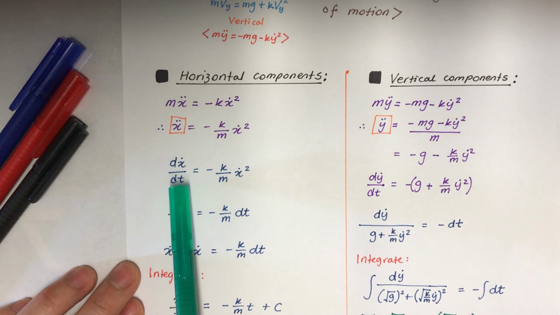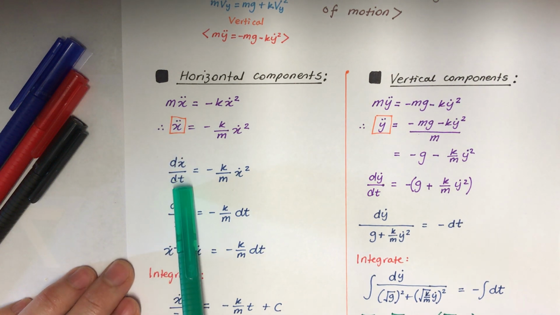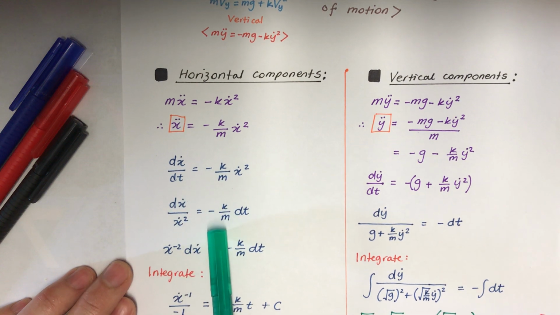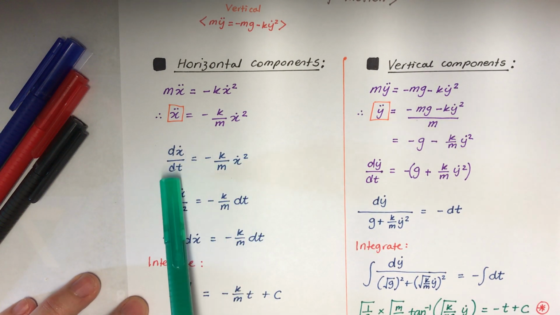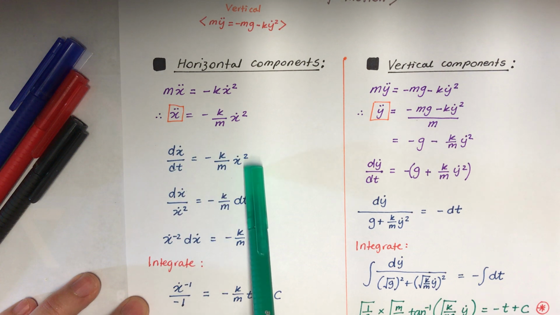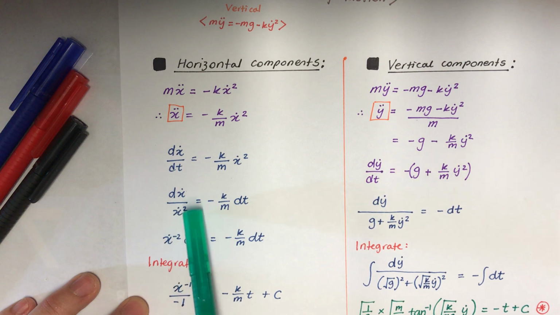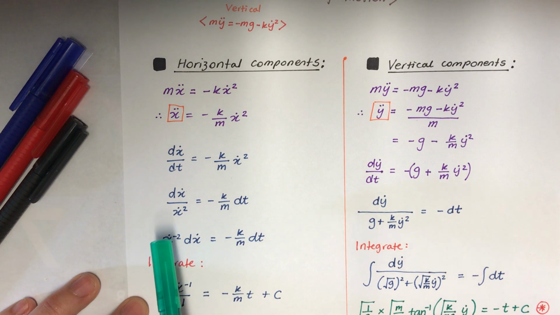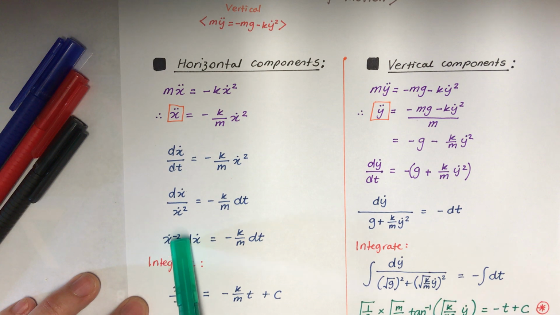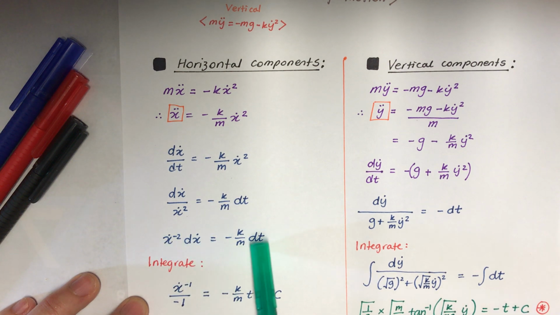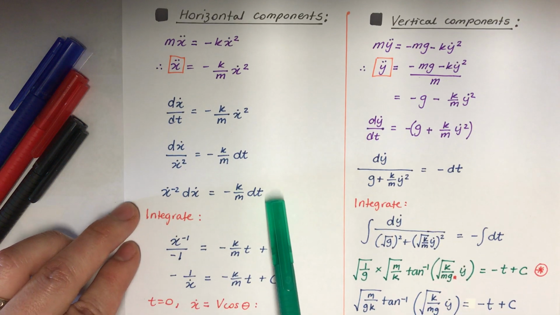Now I'm going to change that acceleration to dx dot over dt, and swap the dt with x dot squared for a smooth integration. Now this will be like dx over x squared, if you think about it. So I'm just going to make it into index form: x dot to the power of minus 2 dx dot equals that, and I'm ready to integrate.